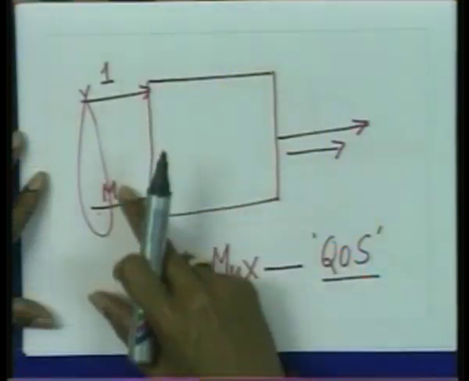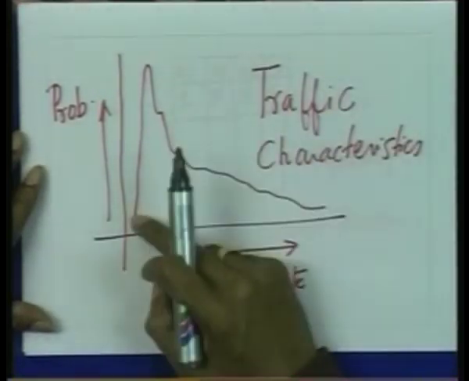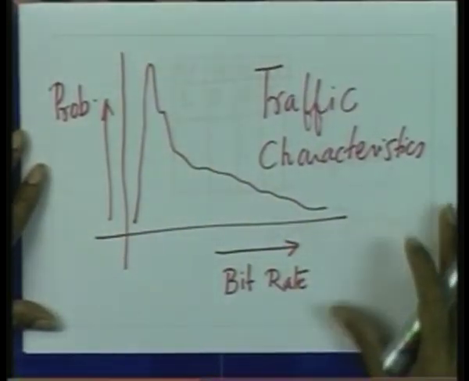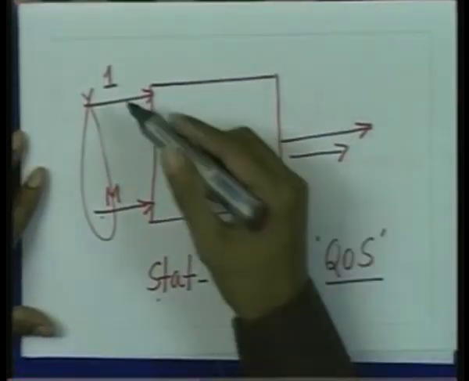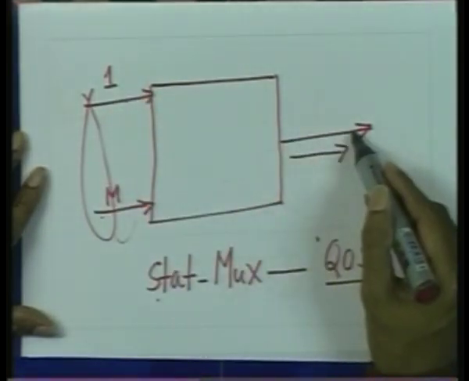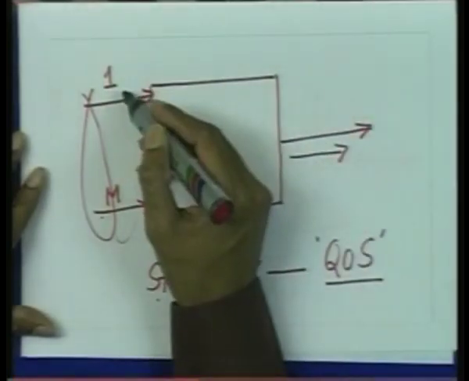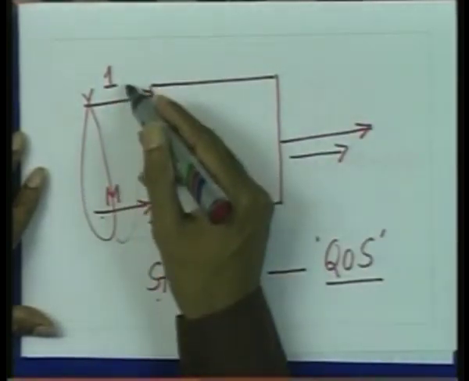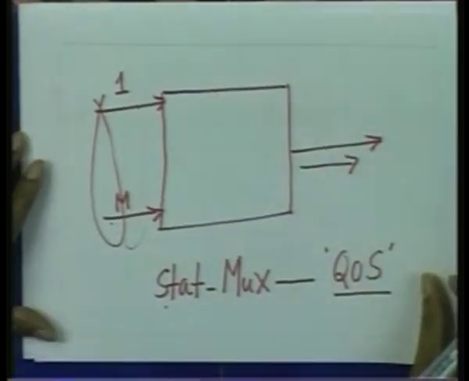So now what we are saying, here is the traffic source, each of these traffic sources is characterized by this kind of probability density function. So now we are saying that when these sources are multiplexed, whether we can have some kind of admission control which can offer you quality of service guarantees. So let us represent the bit rates of these individual sources by, say, R1, R2, R3, Rm, and so on. So let me just explain.